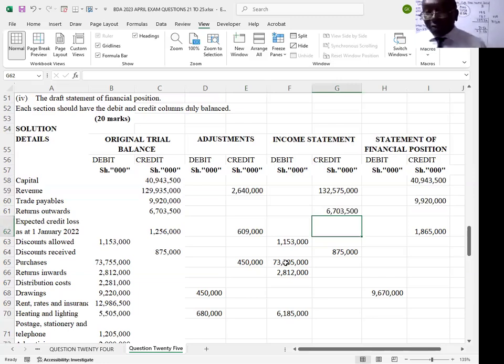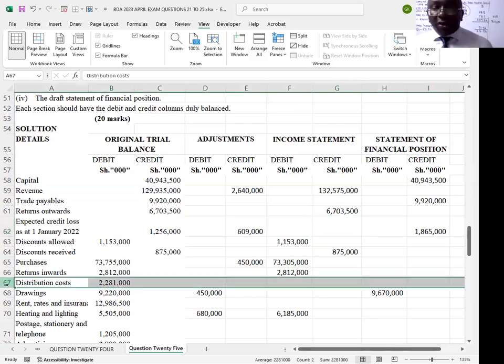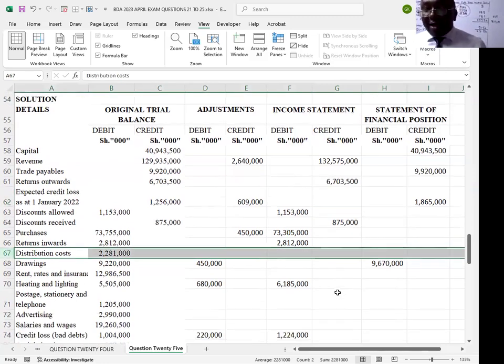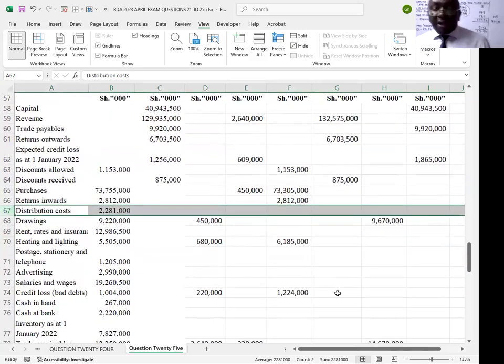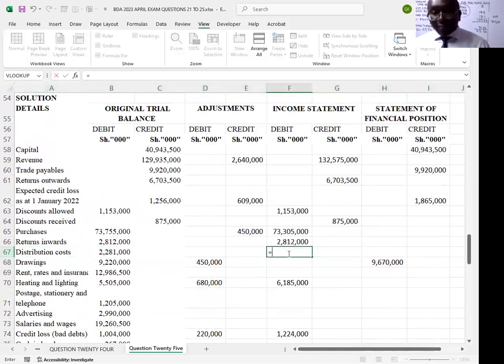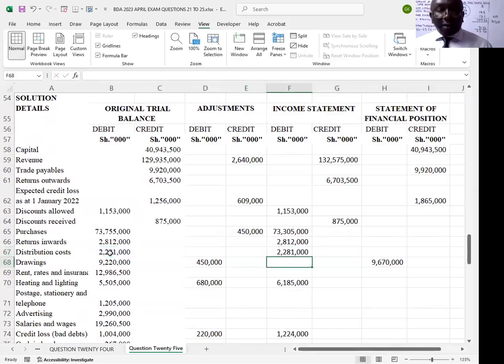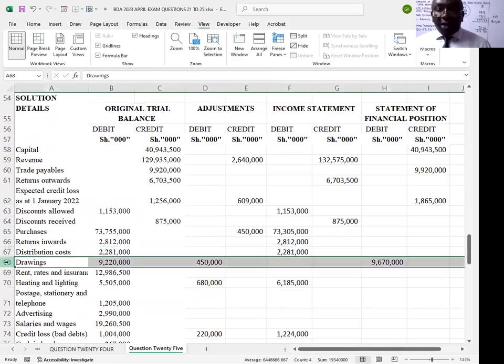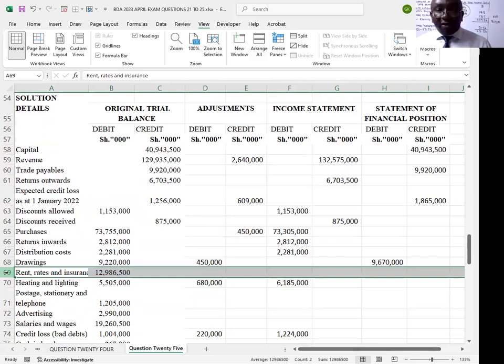You don't go to the balance sheet. Hire, distribution costs, that is an expense, no adjustment. So we bring it to the income statement here. Drawings, we adjusted and put them to the final price. Rates, no adjustment, so we bring them to the debit.